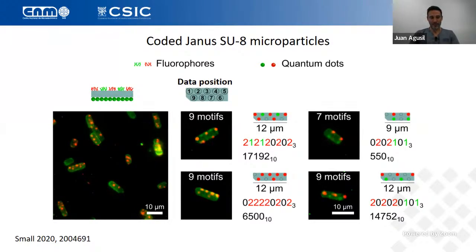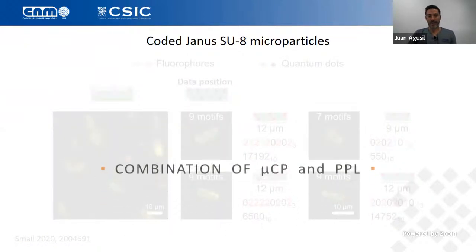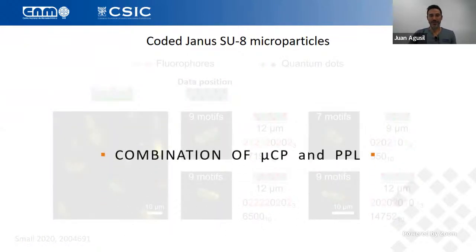And we're lucky to publish all this information. And the important part of this application is that we are some of the first groups to combine both microcontact printing and polymer pen lithography to obtain precise alignment and modification of different substrates, whether it's a flat surface or a microparticle.